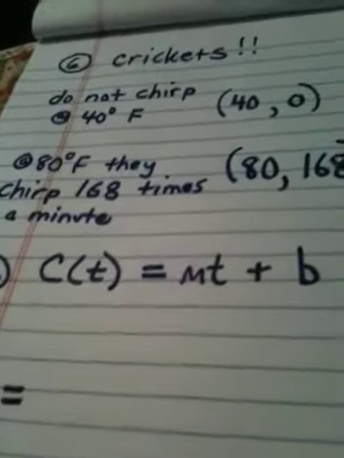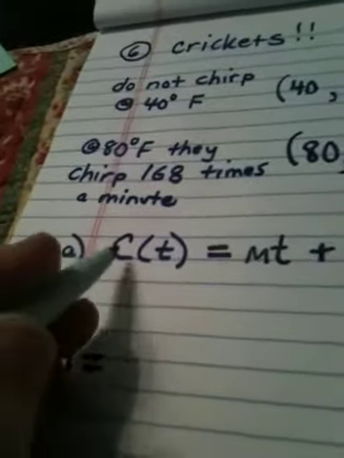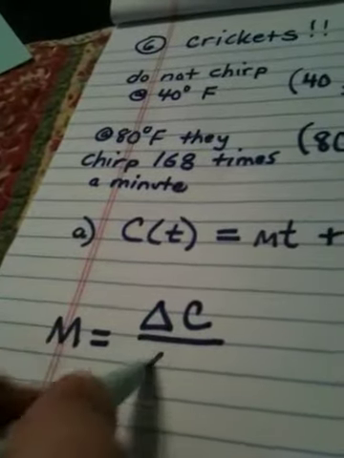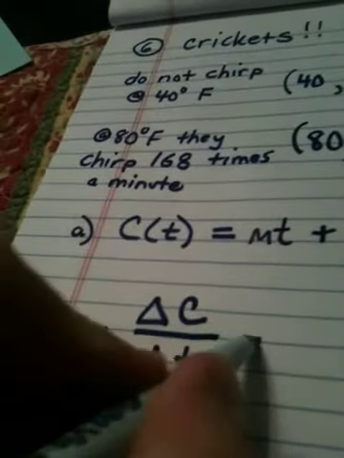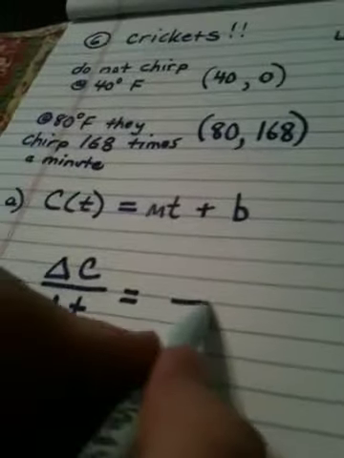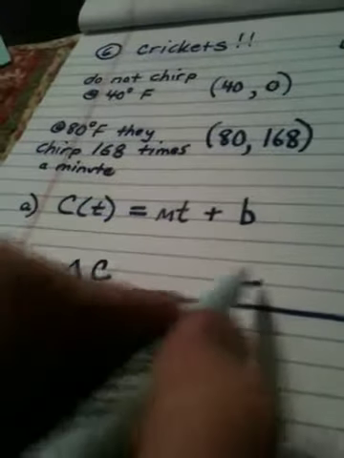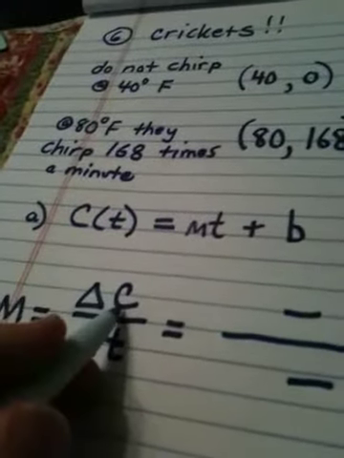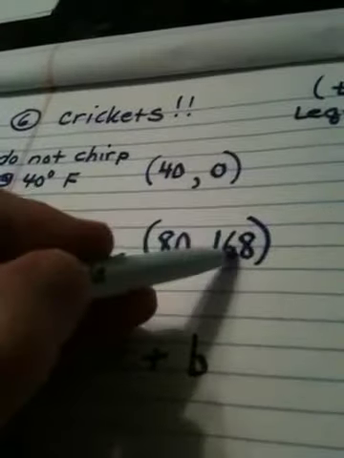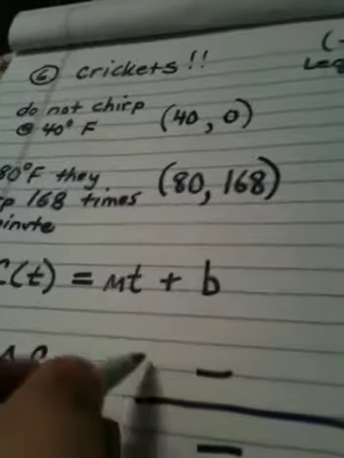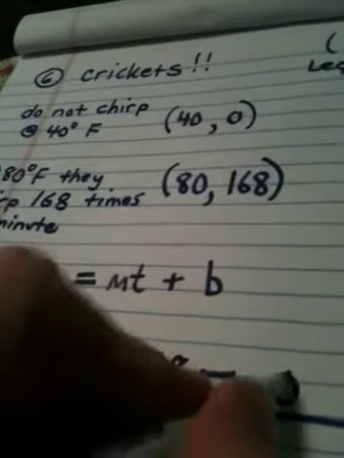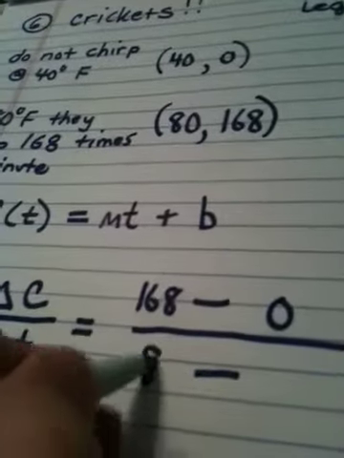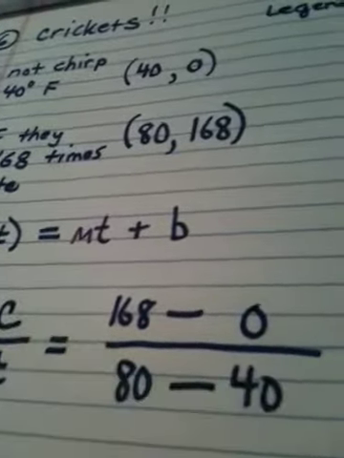m is usually the change in y over the change in x, but here it's going to be the change in C over the change in T. Change means to subtract. So, the change in C, 168 and 0, so that would be 168 minus 0, and then 80 minus 40.